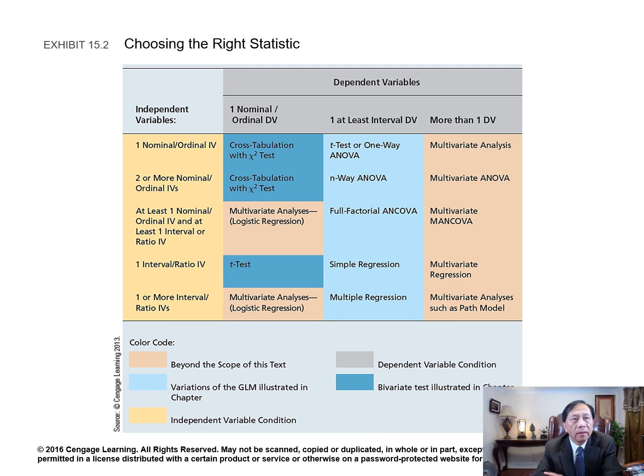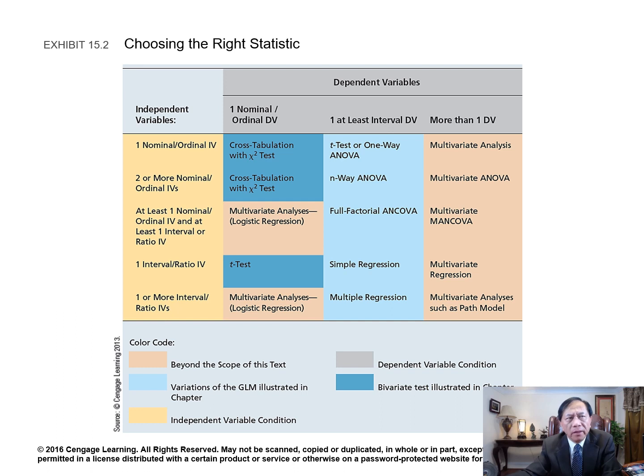This is a good summary table showing the right statistic to choose to conduct your test. The independent variable is the x, and the dependent variable is the y. If you have one nominal or ordinal independent variable and one nominal or ordinal dependent variable, you can use a cross tabulation with chi-square test.